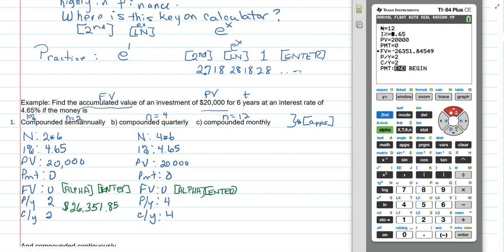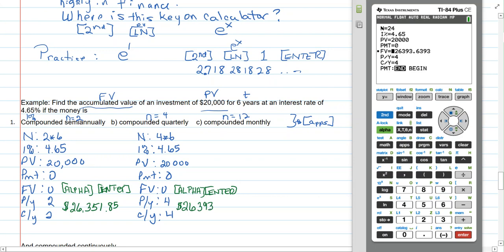Move my arrow back up to the top, and I'll enter 4 times 6. That's the same. 20,000, 0, 0. And my P/Y and C/Y are quarterly, so it's 4. I'm going to go back to future value and do an alpha enter. And that one is $26,393.64. What we can see, a slight increase.